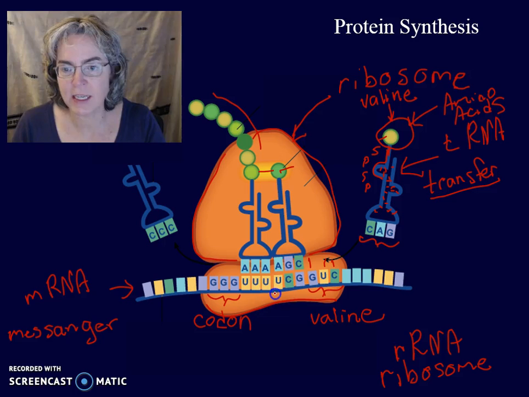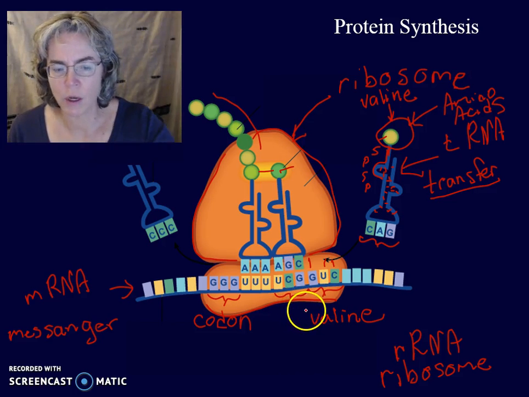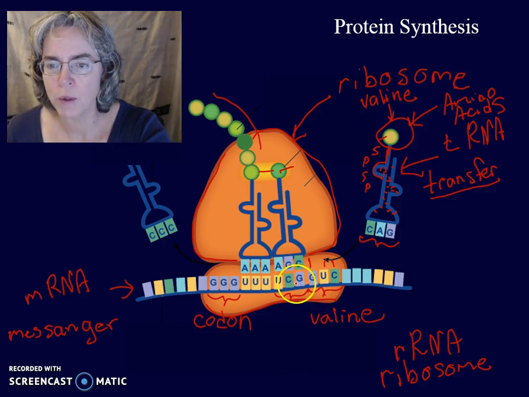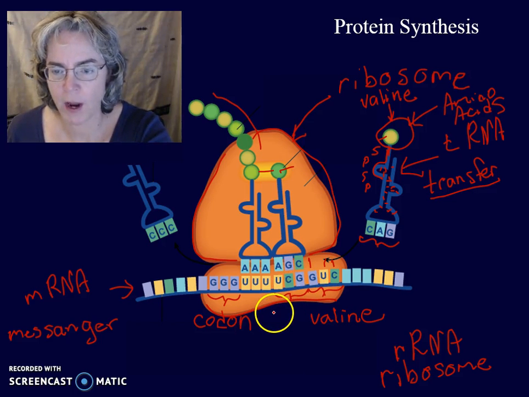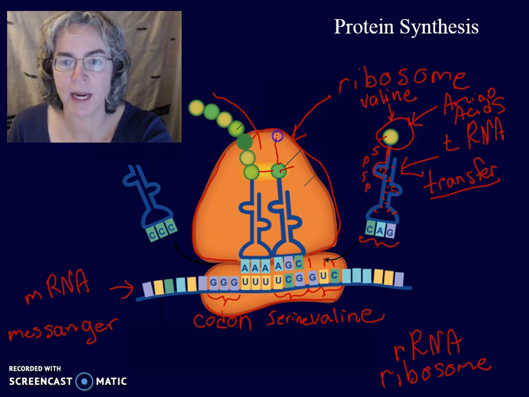So this sequence of nucleotides, these 3 nucleotides or codon right here, I've got it written down, UCG, that codes for another amino acid called serine. So this amino acid right here is serine.